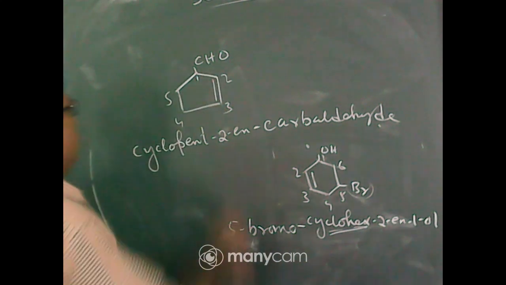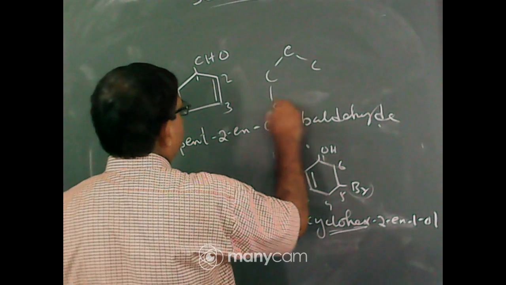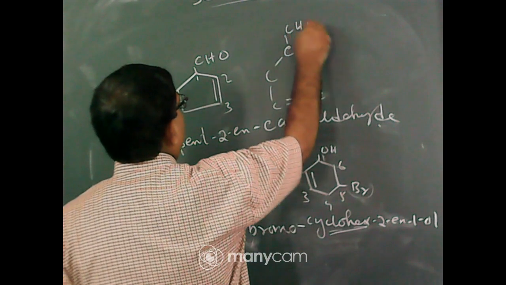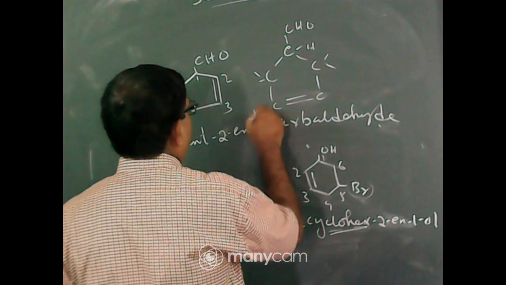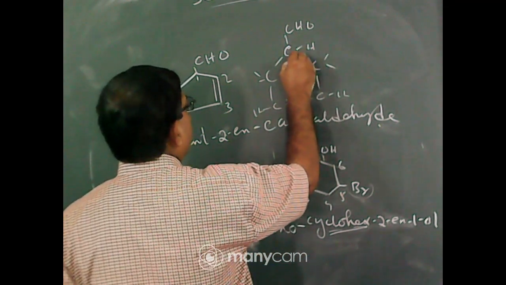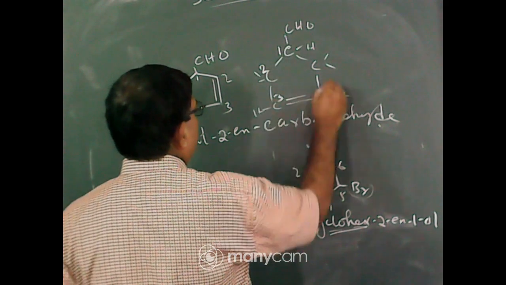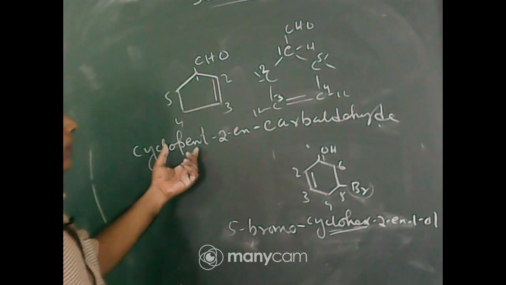CHO group, if you draw the structure, this is the structure. This and this is CHO. Here hydrogen is present, fill up with hydrogen. 1 hydrogen, 1 hydrogen. So you number this carbon as 1, this is 2, this is 3, this is 4, this is 5. So cyclopent, 5 carbon.